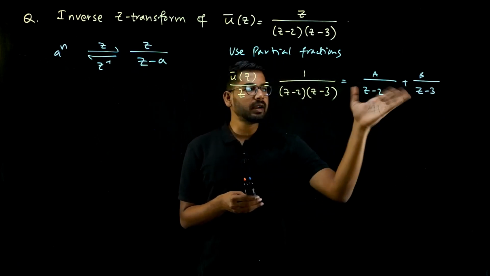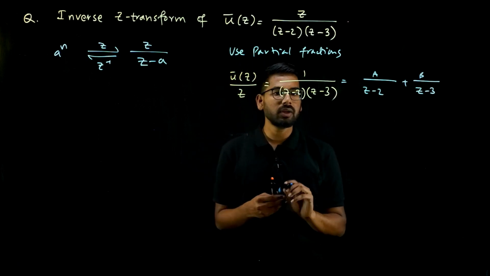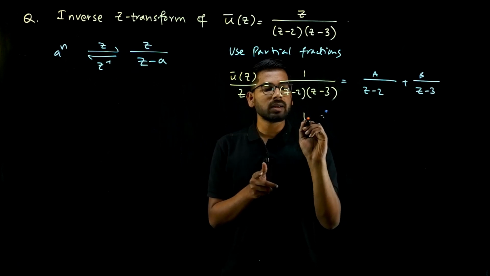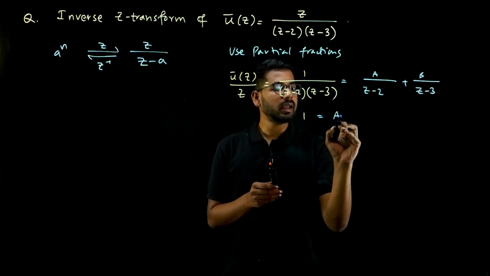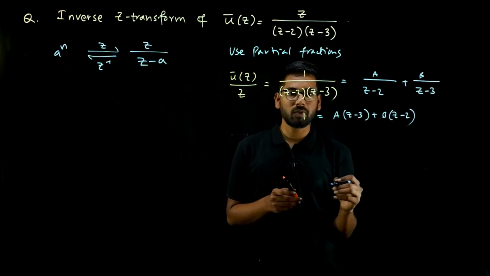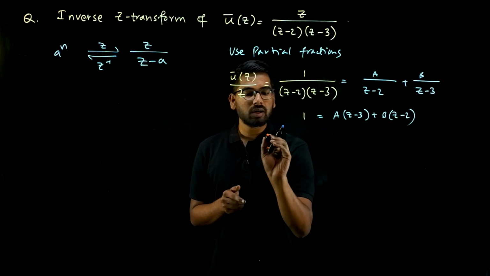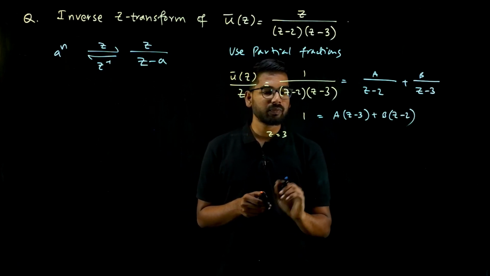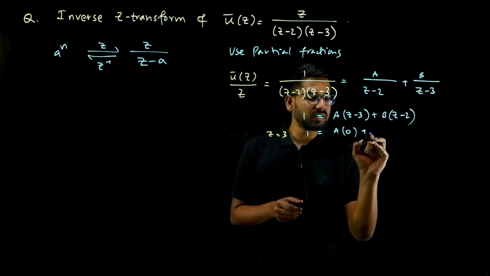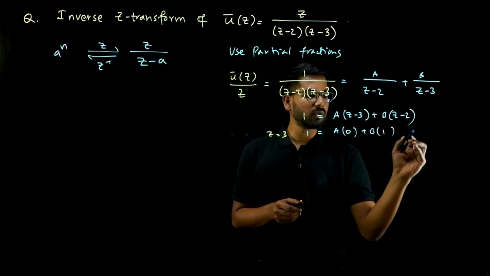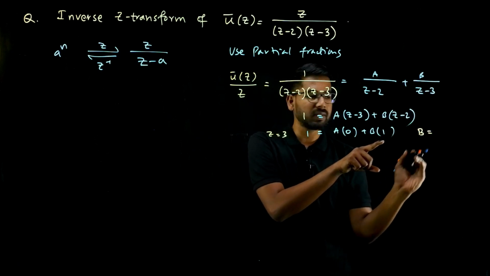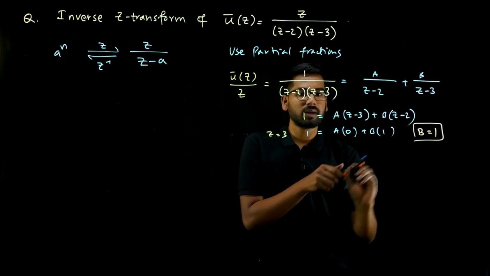Now we need to find a and b. How do we do that? If you send z minus 2 and z minus 3 to this side, you get 1 equals a into (z minus 3) plus b into (z minus 2). Now if you substitute z equal to 3, you get 1 equals a into 0 plus b into 1, so b equals 1.